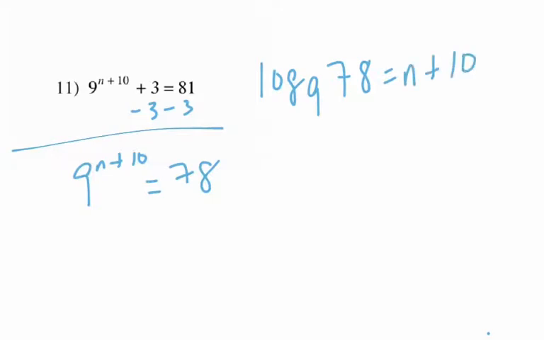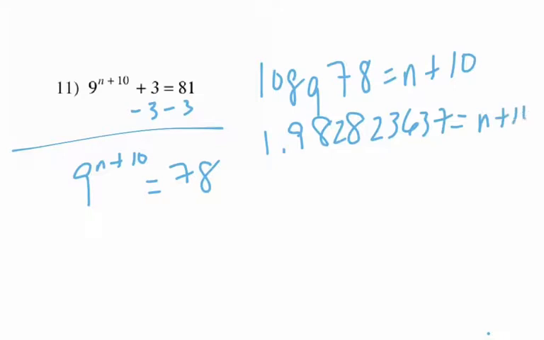Then in your calculator you could do alpha window, choice 5, log base 9 of 78 is equal to, in this case, 1.982823637, which is equal to n plus 10. Now remember, in order to solve for this n, we have to subtract 10 from both sides.